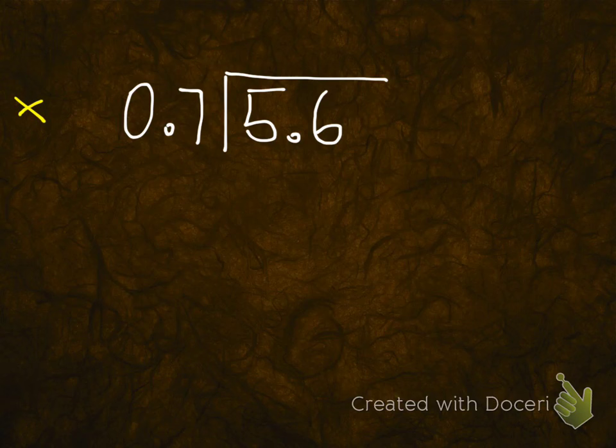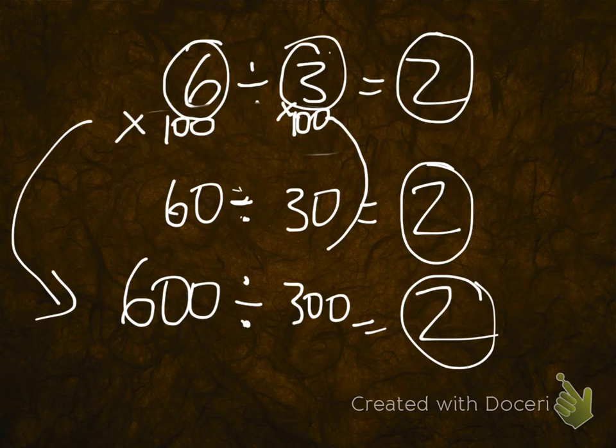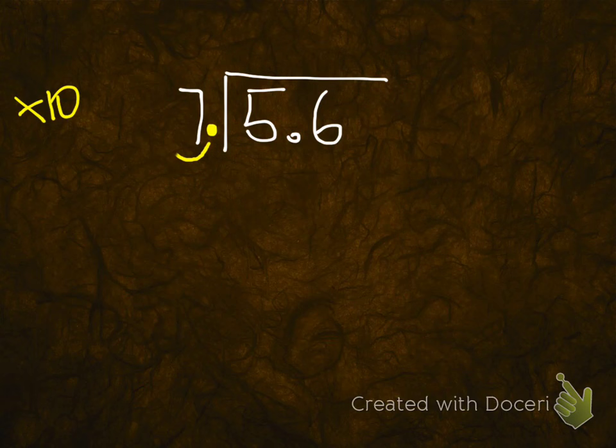We could turn that divisor into a whole number by multiplying it by 10, because if we multiply that decimal by 10, we know that decimal moves over one place to the right, and we know that from our patterns of multiplication. And that 7/10 now has become a 7 whole. Now, just like I showed you with our last examples here, the answer will be the same if we also multiply the dividend by 10.